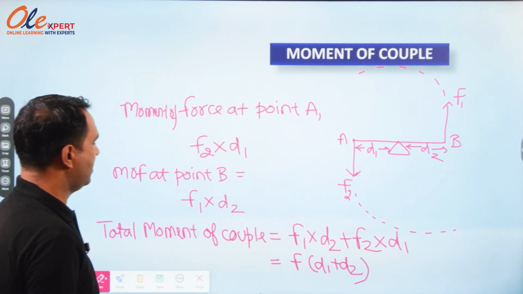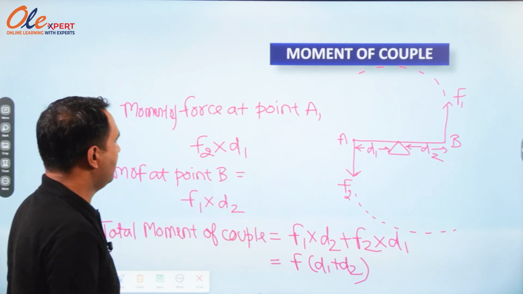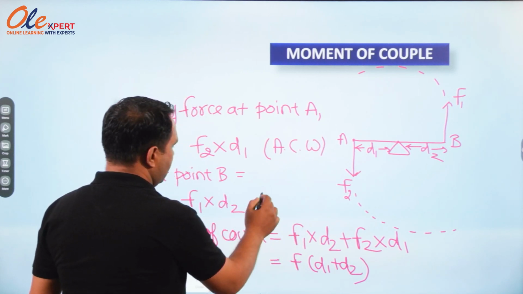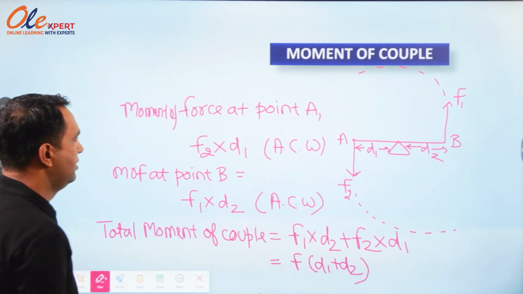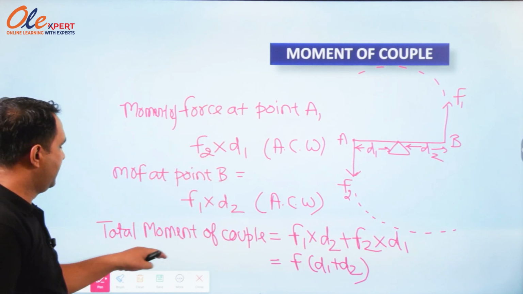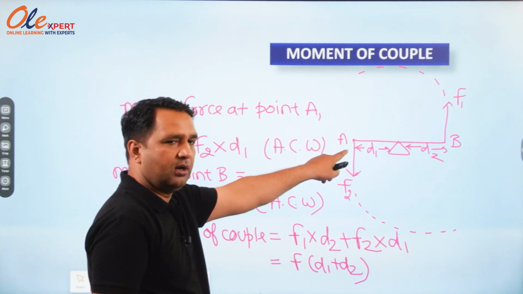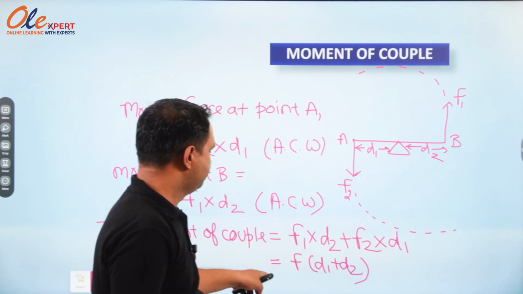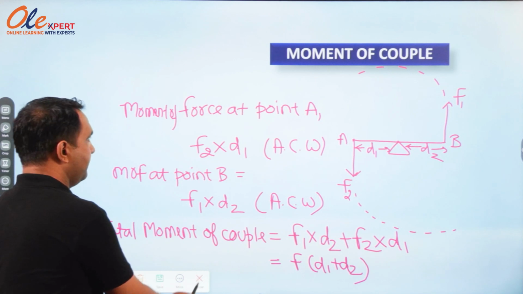So this is the total moment of couple. Both will be anti-clockwise, right? So this moment of couple will be the moment of force about A plus the moment of force about B. That will be the total moment of couple. Okay, moving on next.